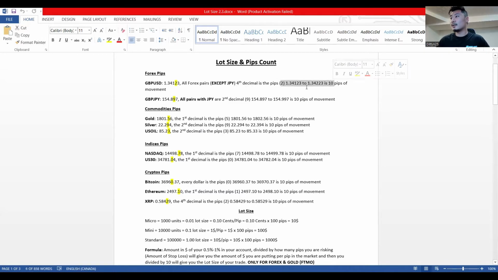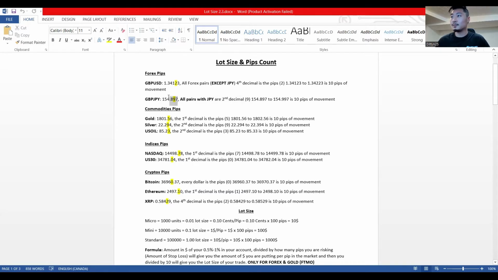As you can see, I made an example here. So 1.34123 to 1.3423, whatever it is, it's 10 pips of movement. And the only exception is all pairs with JPY will be the second decimal.